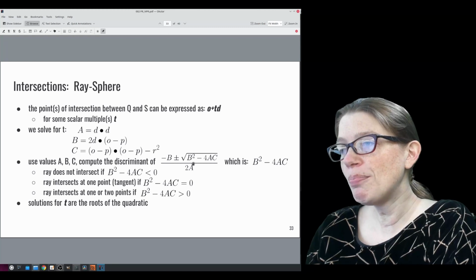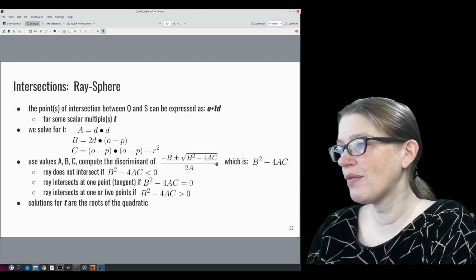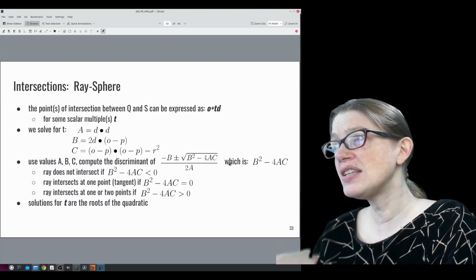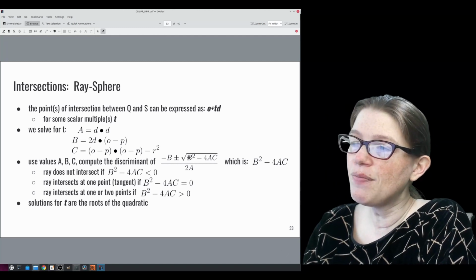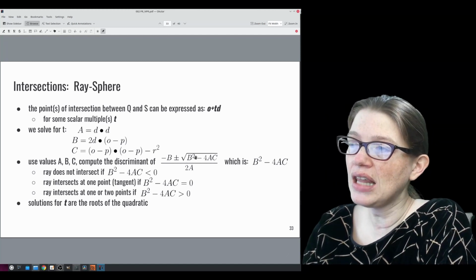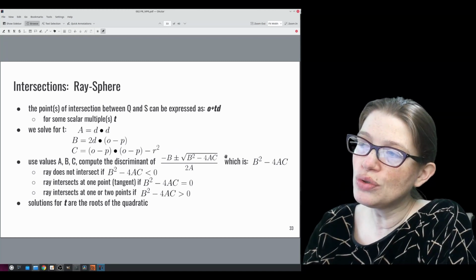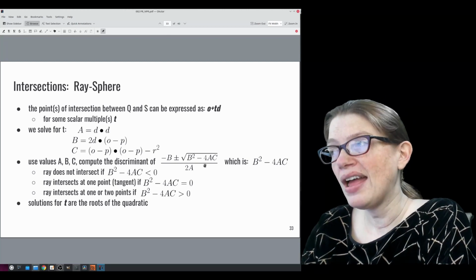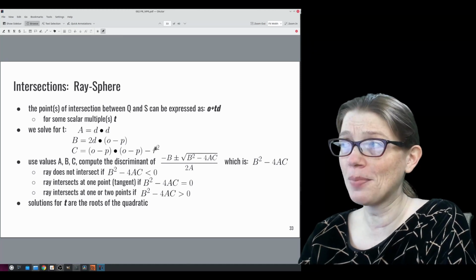Then we put the values a, b, and c into our quadratic equation, and we note that sometimes you're not going to be able to solve this, because if b squared is less than 4ac, the value under this root is going to be negative, which would yield a complex number. We're dealing with real numbers here, not complex numbers.